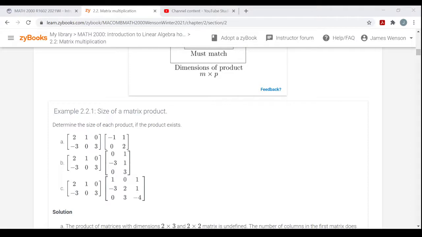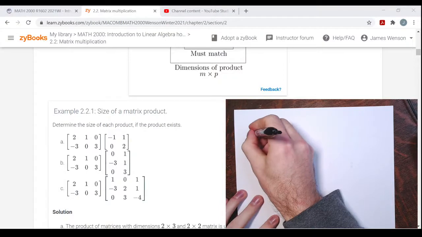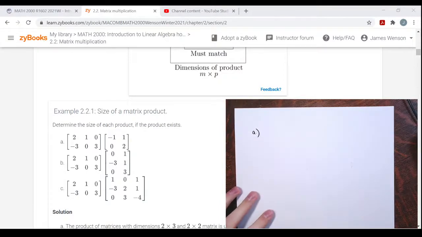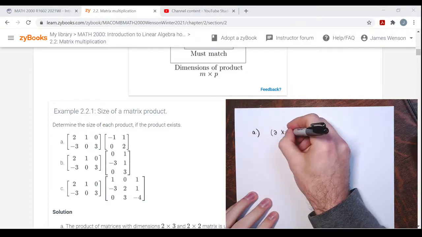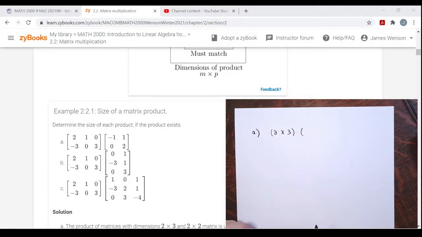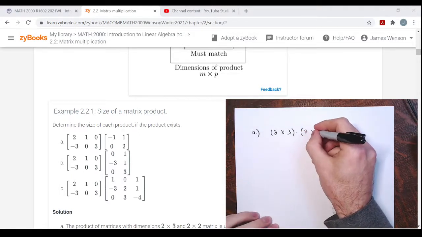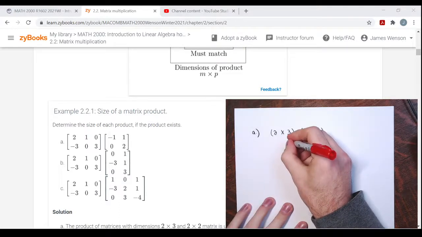So I'll pull up some paper and put it on the same screen here. For part A, the left matrix is a 2x3 matrix being multiplied by a 2x2 matrix. It's a 2x3 on the left, 2 rows, 3 columns, and a 2x2 on the right. Do you see how these inner two numbers are not the same?